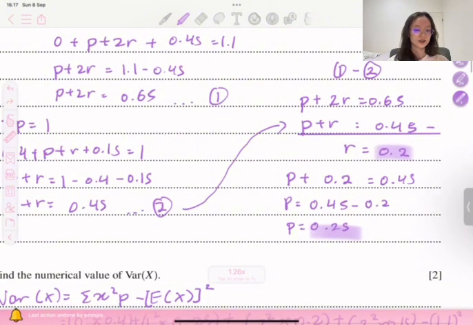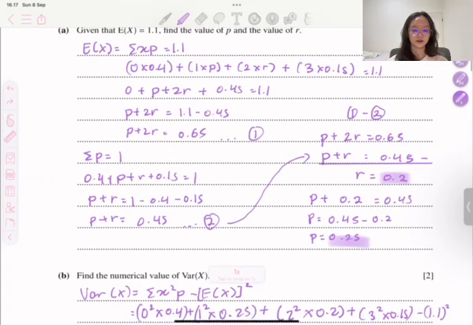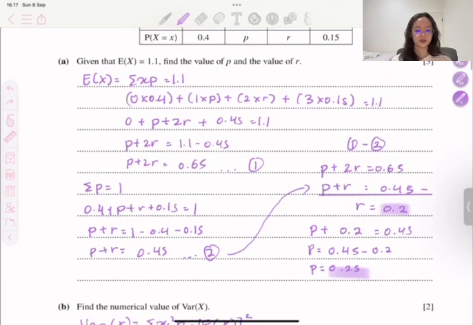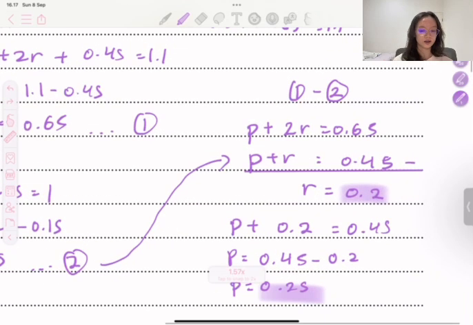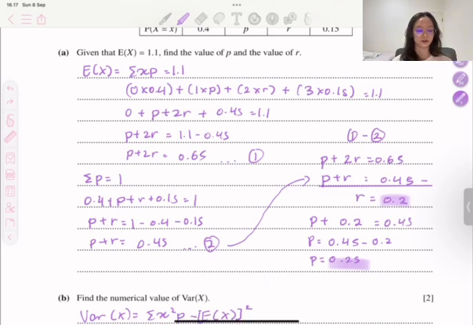And now we can take one of the equations that we have before. Here I will take the equation p plus r equals 0.45, which is the second equation. We substitute the r with 0.2, which we have found earlier. So p plus 0.2 equals 0.45.